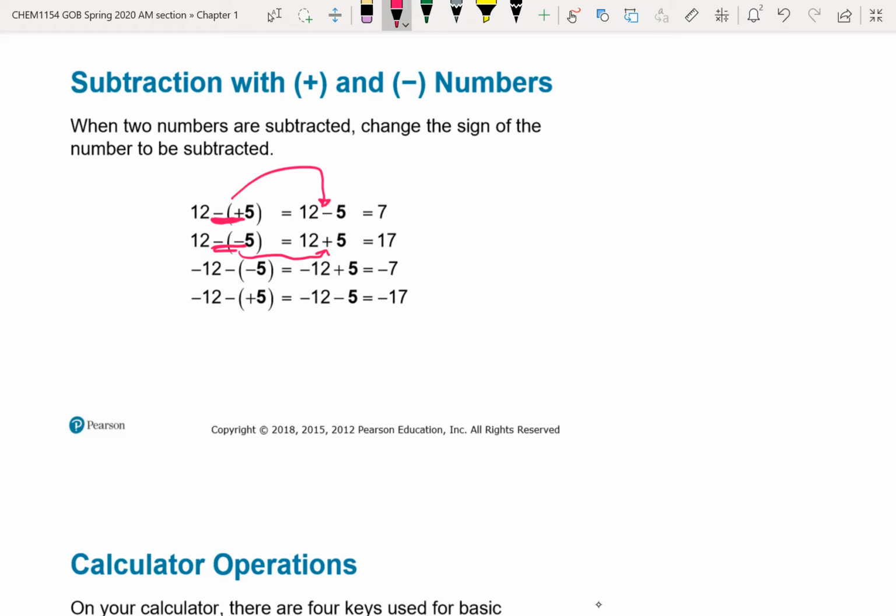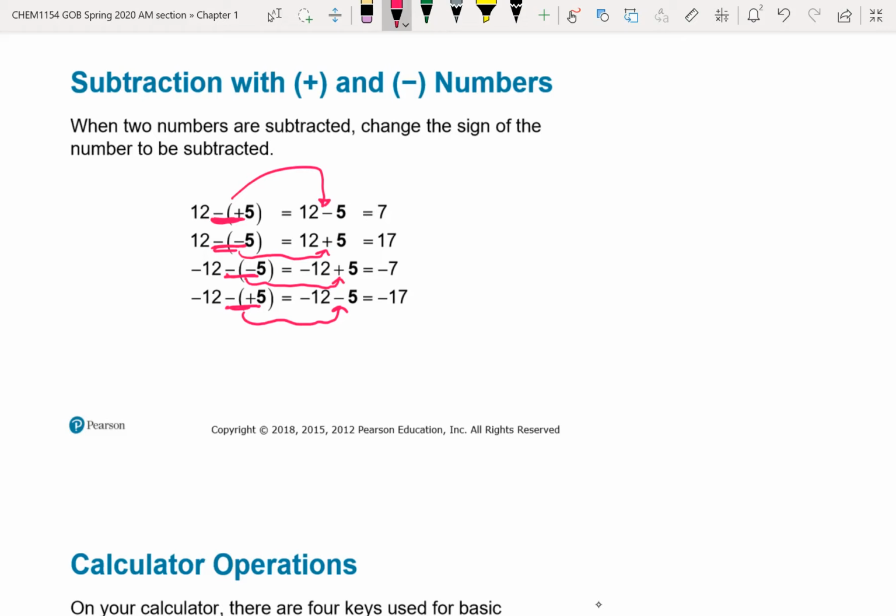If I have negative 12 minus negative 5, that here becomes a positive sign. And if I have negative 12 minus positive 5, a plus and a minus end up becoming a negative sign. So negative 12 minus 5 would equal negative 17.